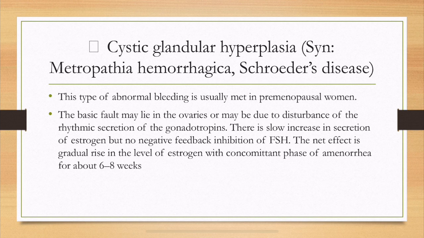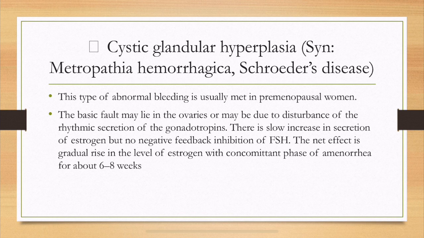The net effect, when there is no negative feedback, what happens? The pituitary goes on releasing FSH and FSH goes on stimulating estrogen. The net effect is a gradual rise in the level of estrogen, with a concomitant phase of amenorrhea for about 6 to 8 weeks.